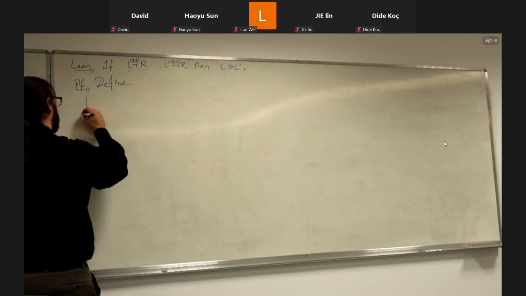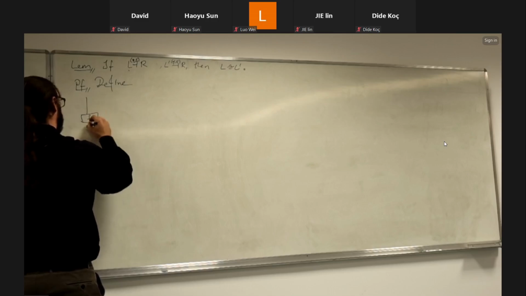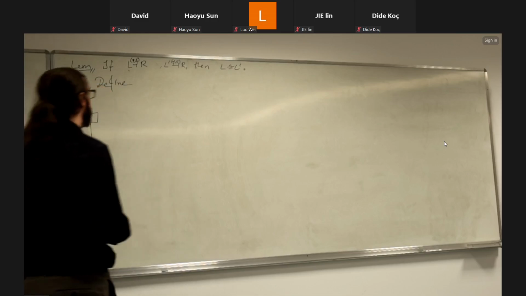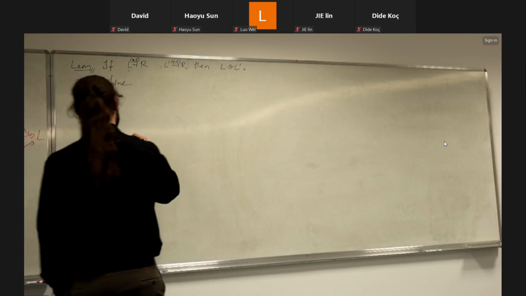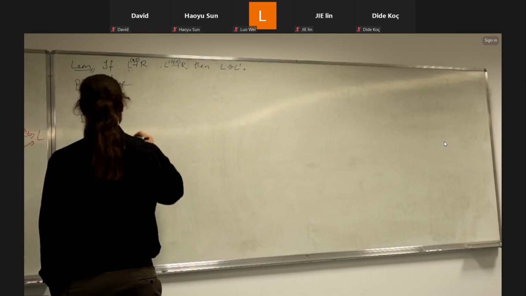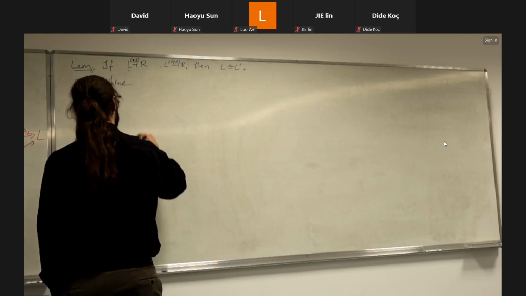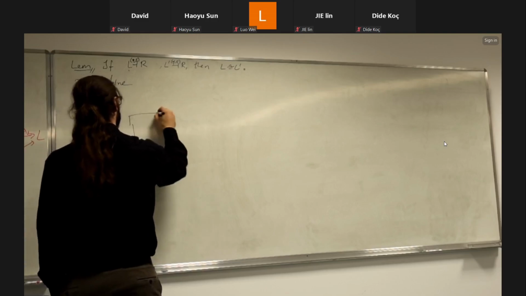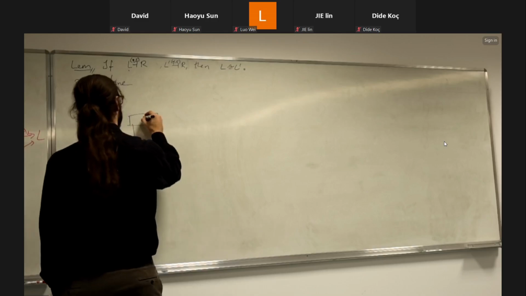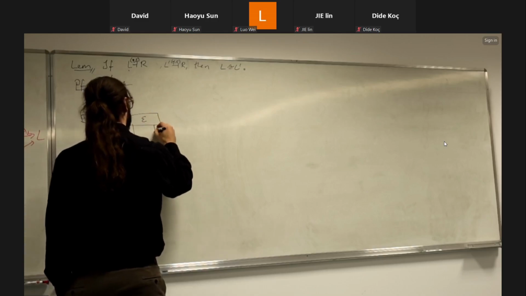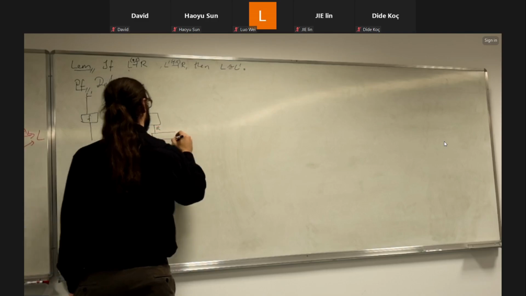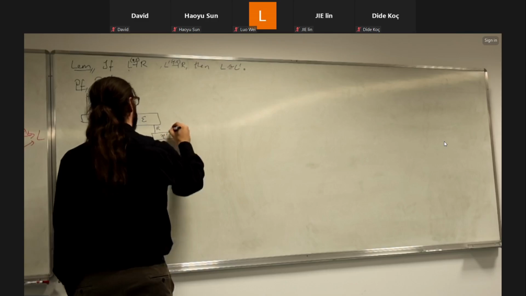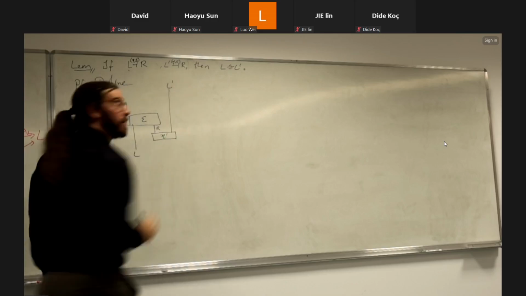So we're going to define F from L to L prime as follows. Well, we want to start from L, which means we need an L here. And so we're going to put epsilon here, and here we get R. And here we'll put eta prime, and we'll get L prime out.